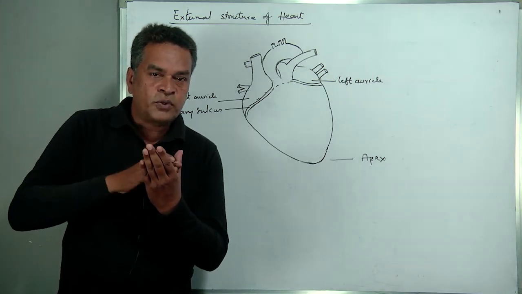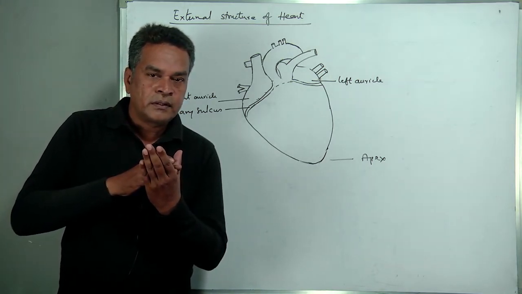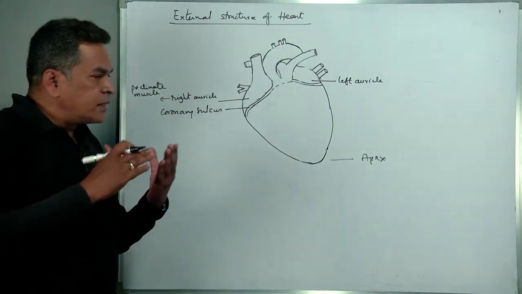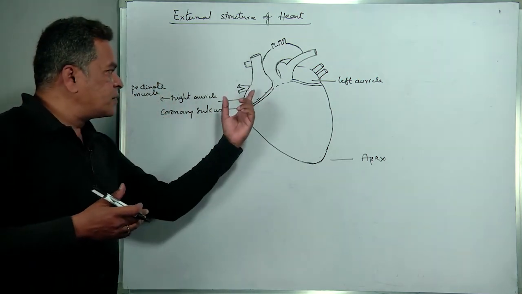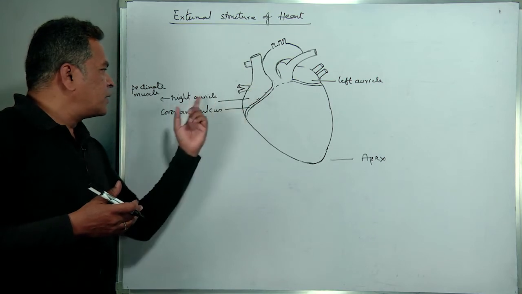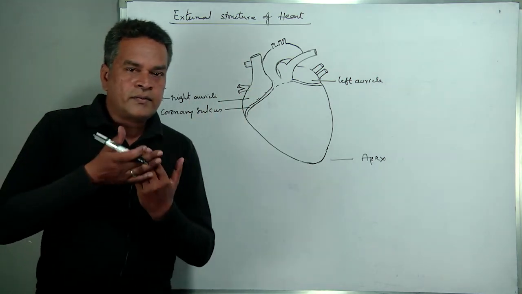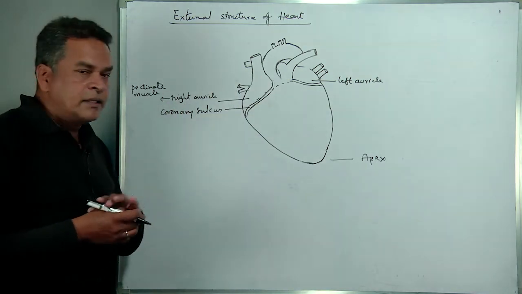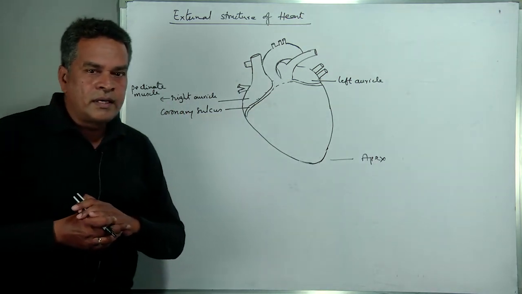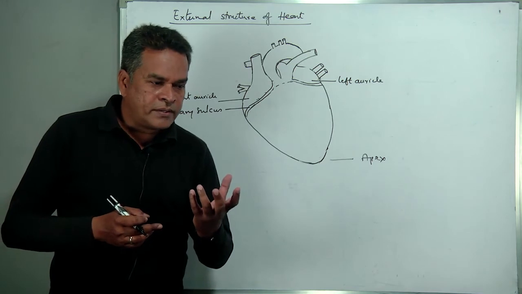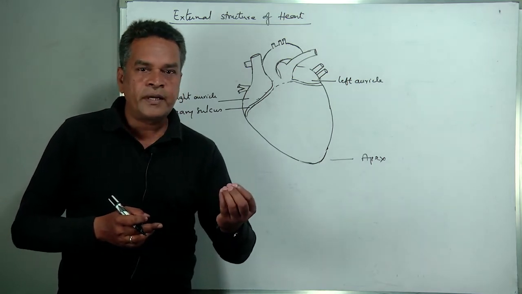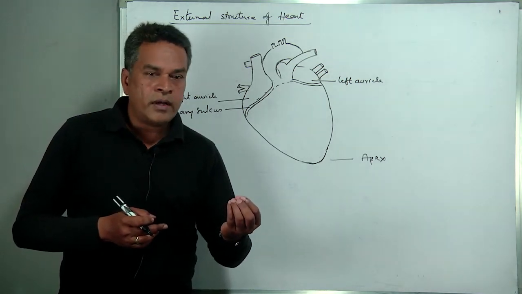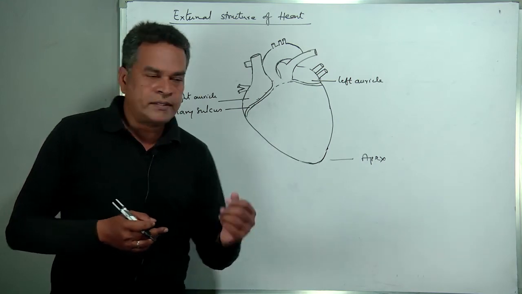The posterior surface is smooth. These pectinate muscles are present in the right auricle and give it the appearance of an auricular appendage or auricular appendix.